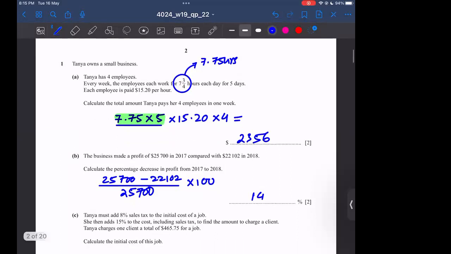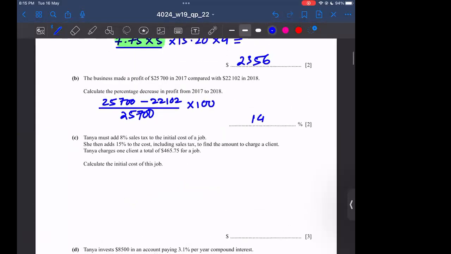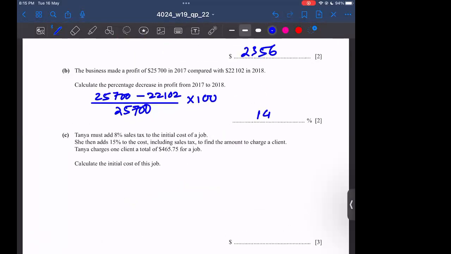Then we have: Tanya must add 8% sales tax to the initial cost of a job. She then adds 15% to the cost, including the sales tax, to find the amount to charge a client. Tanya charges one client a total of $465.75 for a job. Calculate the initial cost of this job.